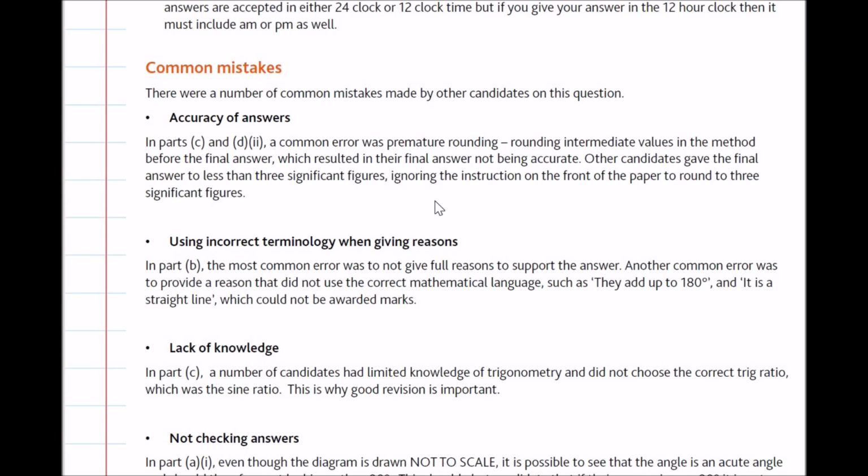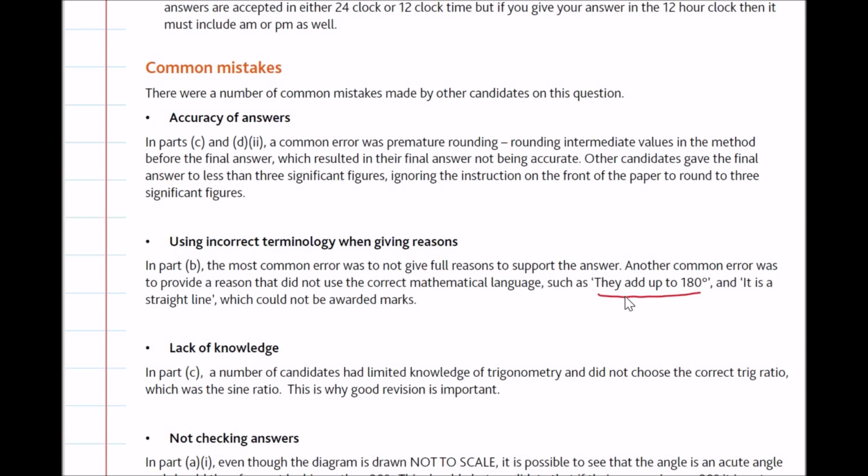Using incorrect terminology when giving reasons. In part B, the most common error was to not give full reasons to support the answer. Another common error was to provide a reason that did not use the correct mathematical language, such as "they add up to 180 degrees". See, if you are talking about angles in a triangle adding up to 180 degrees, you should write that. You should not write "they add up to 180 degrees". It does not make any sense. What add up to?